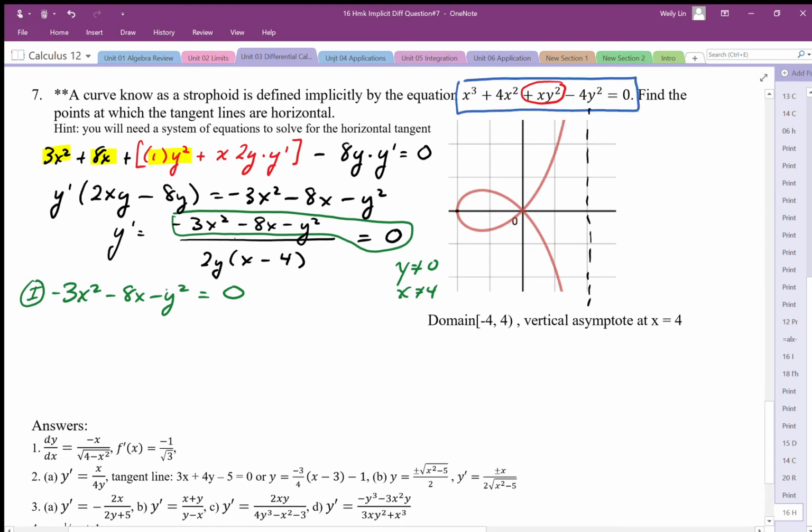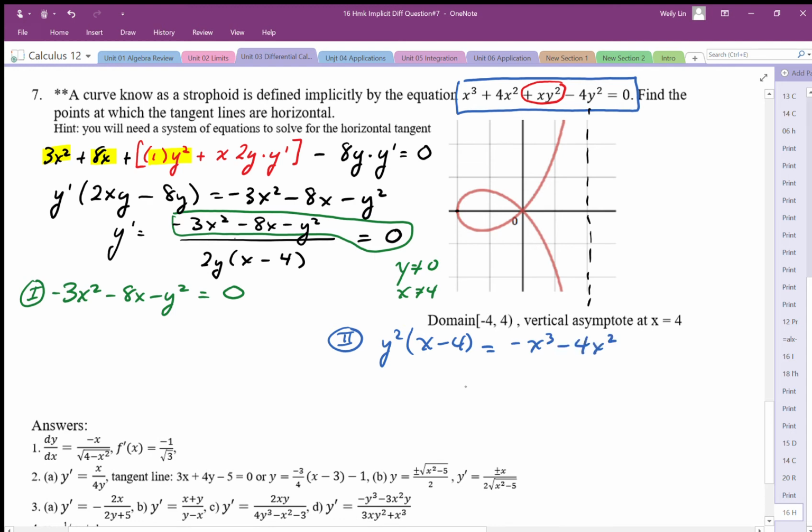So I'm going to do a substitution here. It looks much easier to substitute for y squared than for the x's. So I'm going to take that equation and rearrange it for y squared. I factor the x minus 4, and that's equal to, moving all the other terms to the other side, -x cubed minus 4x squared.